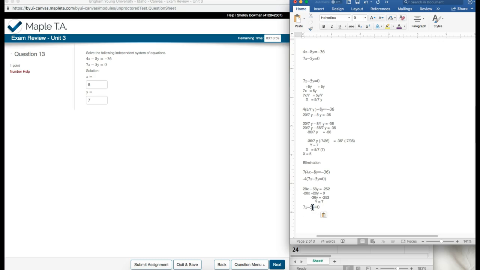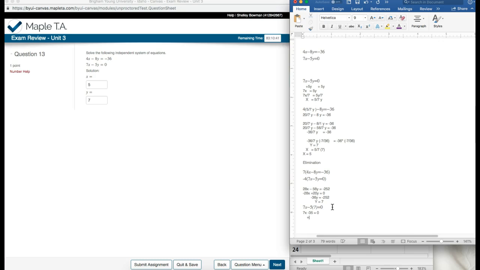And then we substitute what we got in, or plug in the 7 for y. And so 5 times 7 is 35. And so I have 7x minus 35 equals 0. To solve for x, I need to add 35 to both sides.